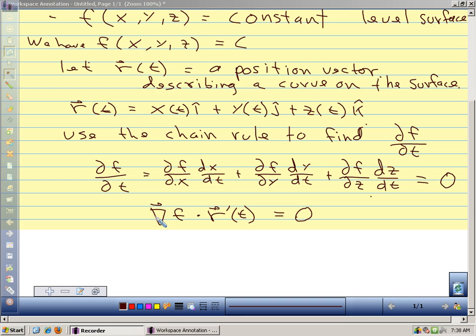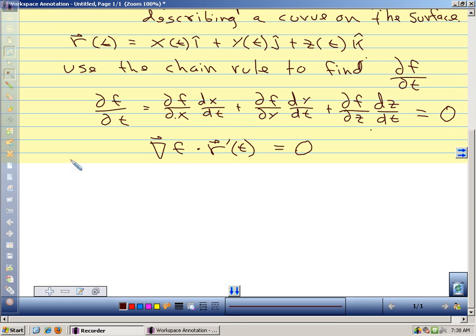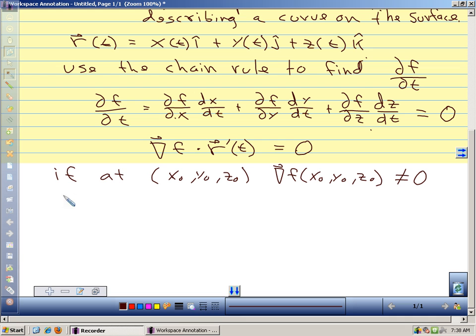So our conclusion here is that if at some point x0, y0, z0, del f at x0, y0, z0 does not equal 0, then del f at our point, at time t0, dotted with r prime equals 0.